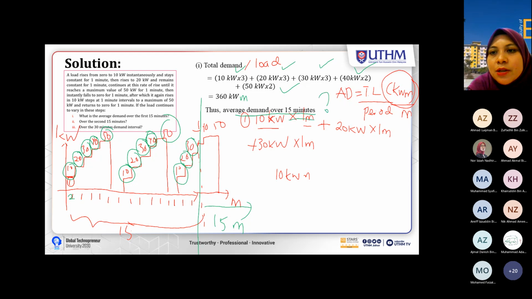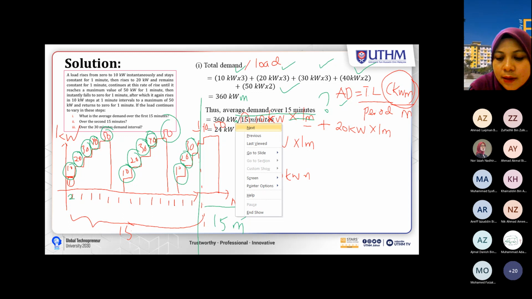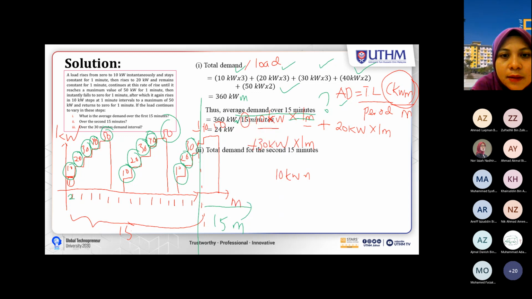As I mentioned before, the formulation is average demand equals to the total load kilowatt meter divide by period. Then 360 kilowatt meters, you divide by period.